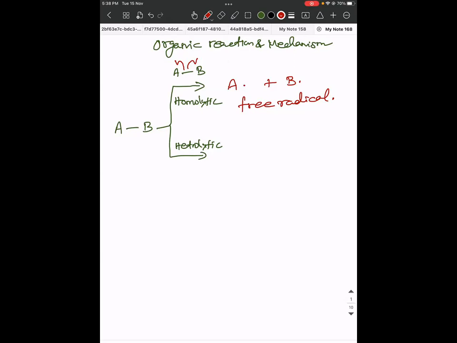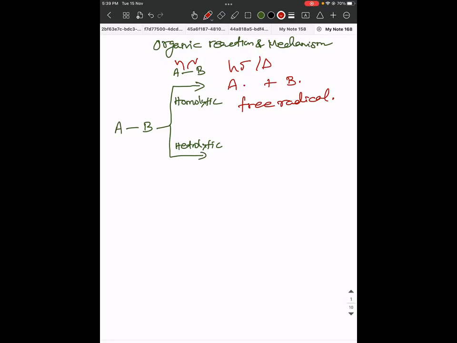It happens in the presence of heat or light. An atom which has an odd electron species is called a free radical. It contains an unpaired electron, so it is paramagnetic. That you have to remember.